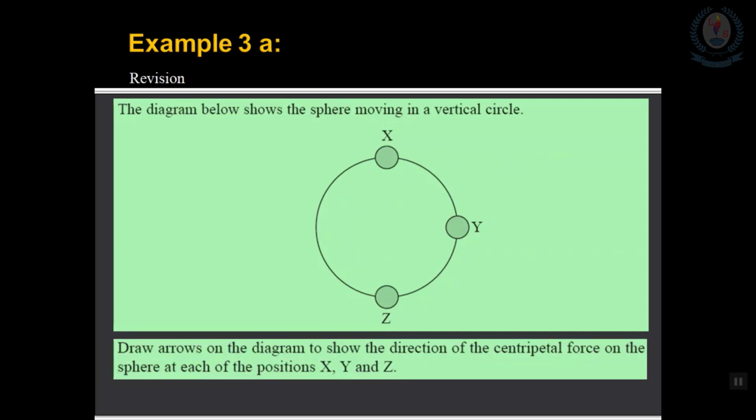Draw arrows on the diagram to show the direction of the centripetal force on the sphere at each position x, y, and z. Okay, what is your choice? Will it be this side or this side? Yes, actually it must always be acting towards the center. That is why it moves in a circular motion.